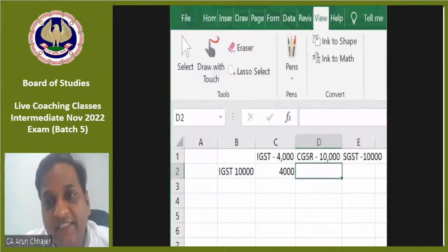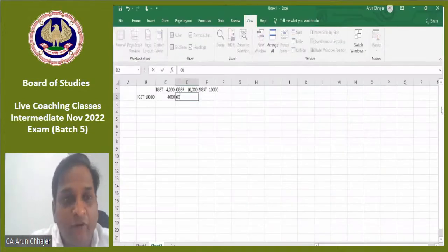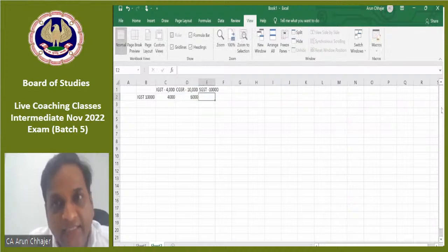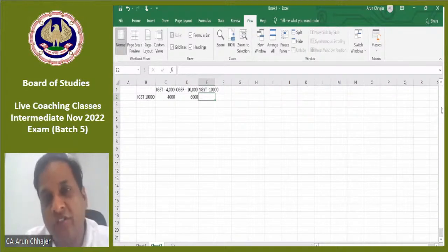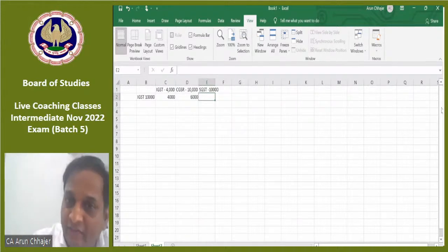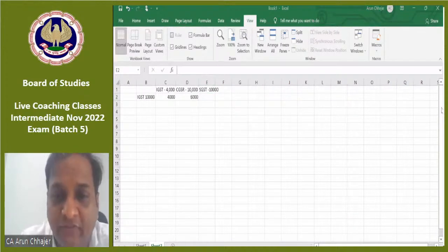Now the 6,000 would be taken from C or from S. Here there is a provision that S will give the amount only when CGST becomes fully exhausted and not available, then only S will give to I. Kindly confirm this is clear or not. Everyone is requested to give me the confirmation.